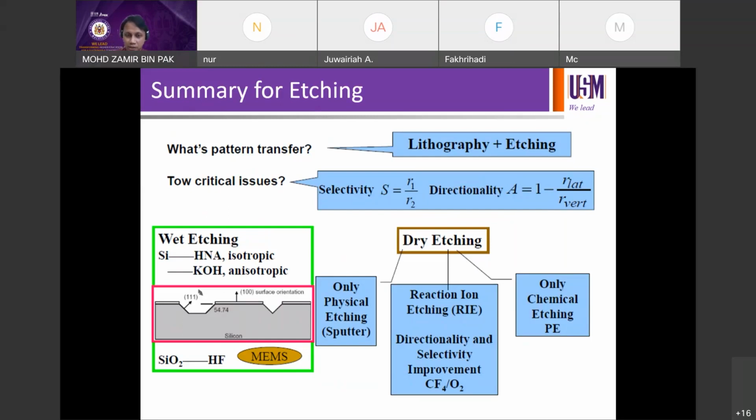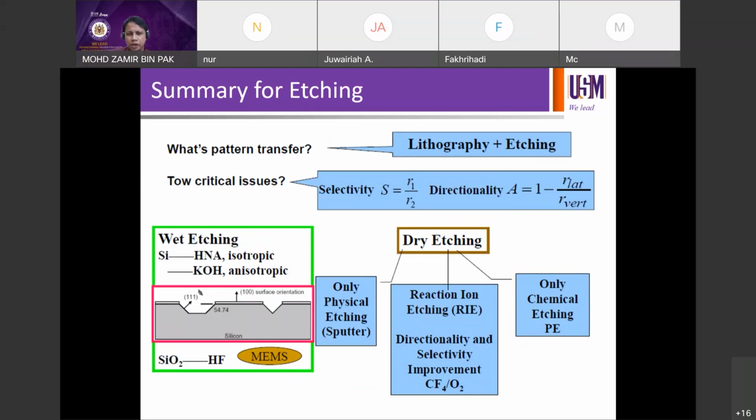Resist is not supposed to be there. It's just a medium for you to do the pattern transfer, but it is a polymeric compound. Kalau you lupa etching, then just imagine you will cross-contaminate your next processing chamber with polymers. Polymer yang ada dalam resist lah, because you don't remove the resist. So dia akan jadi cross-contamination, chamber will be shut down, process will be shut down, and then major problem.